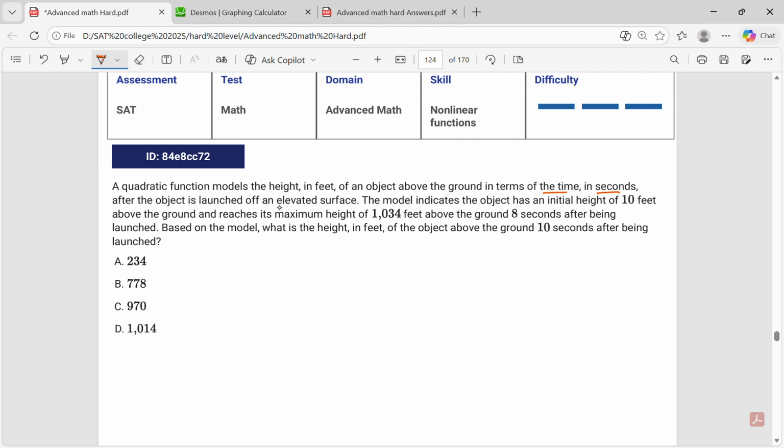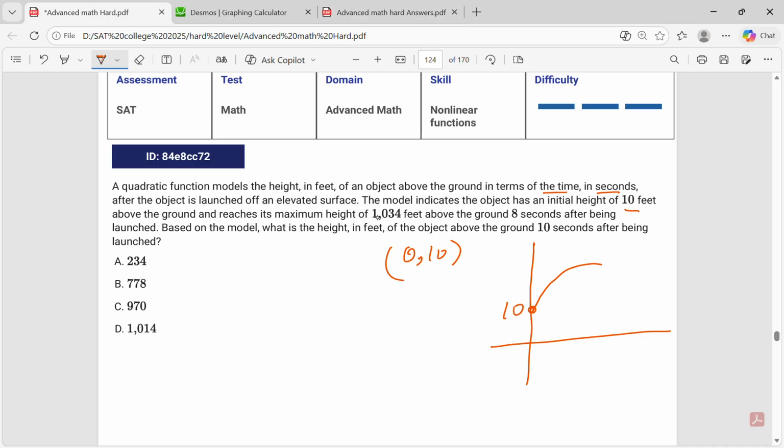After the object is launched off an elevated surface, the model indicates that the object has an initial height of 10. So when time was 0, the height was 10.